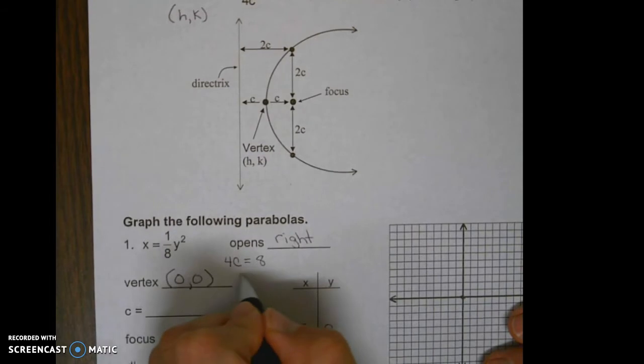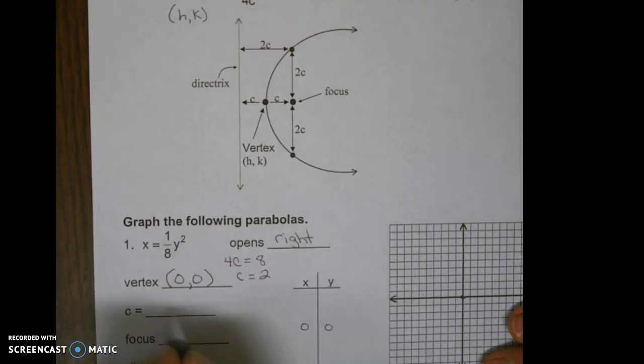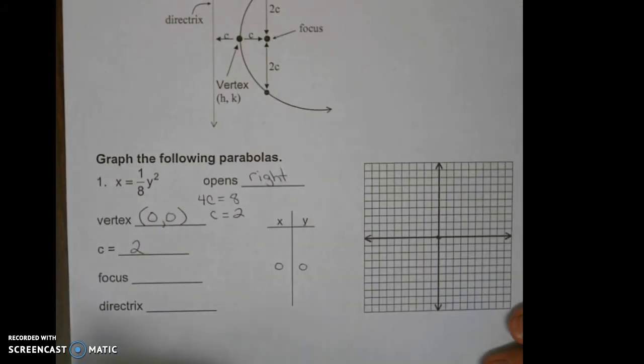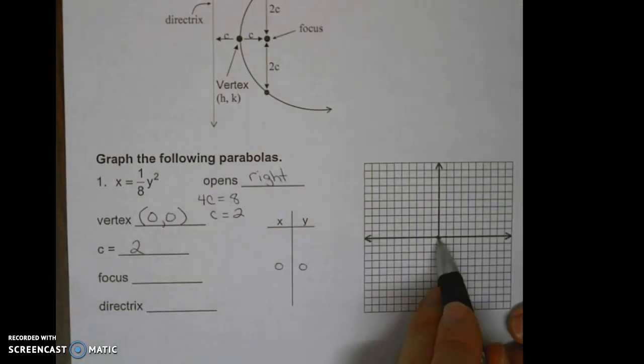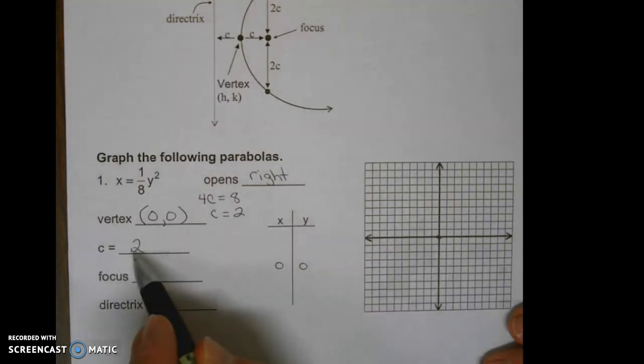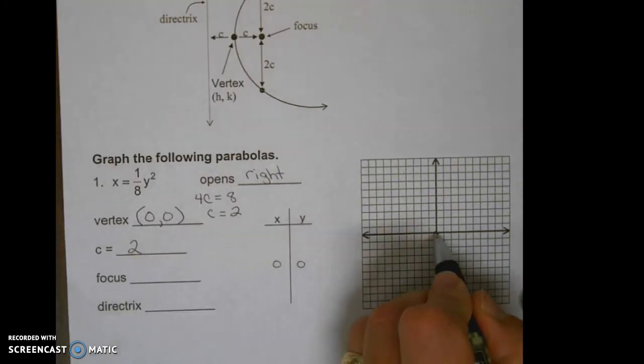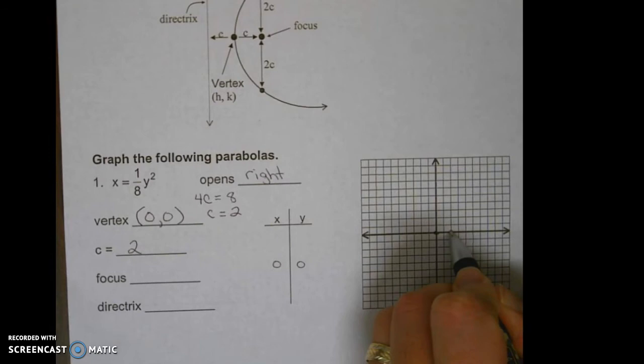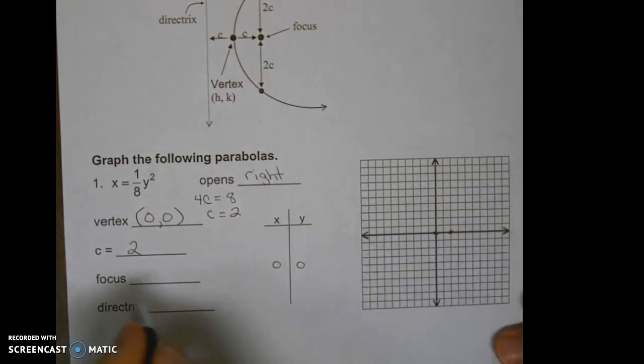So we find that C is equal to 2. And we know that this parabola is going to open to the right, so we're going to count 2 units from the vertex to the right, and this is going to be our focus.